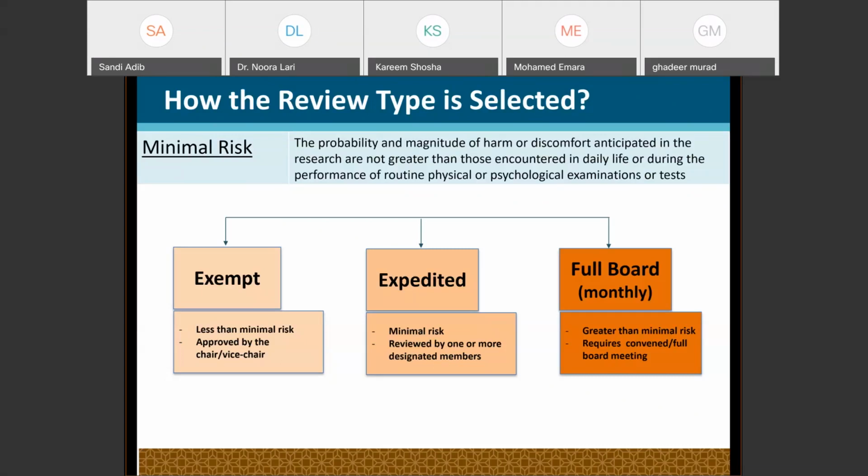So it doesn't mean that if a full board was already held this month, your application will be late by a month or two. It's not like that. Maybe your application does not need a full board. Maybe it is exempt or expedited. According to that, the IRB staff can make the application go into a certain path according to the type of review.